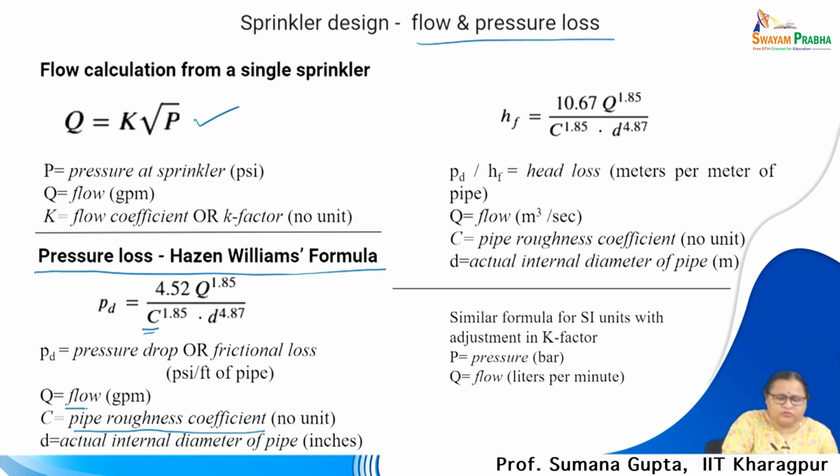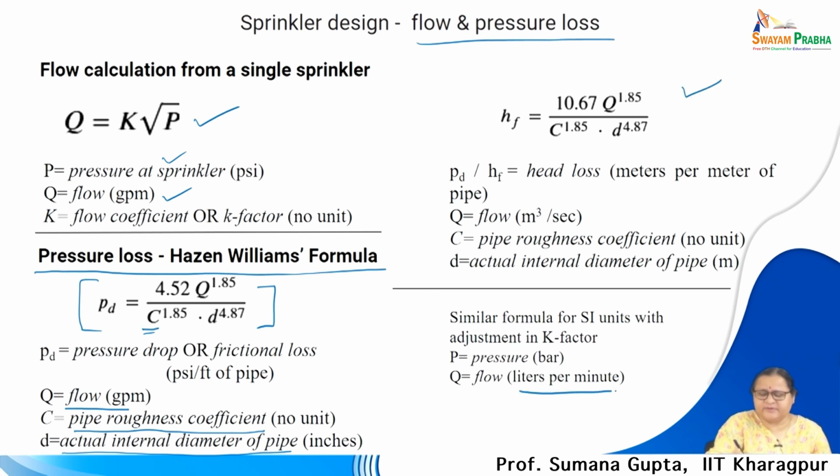Q is the flow and D is the internal diameter of the pipe. I am not elaborating much, but this Q is the amount of water flow and P is the pressure at the sprinkler point which you need as 7 psi if it is a foot pound system, and we have to calculate, the formula is given which is here, and this is the formula in liters per minute.